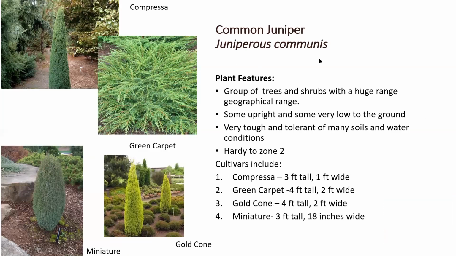So the common juniper can be upright or very low to the ground. Again, you have selections that are very conical and slender, with that height in the landscape. And then again, like the pine, the spruce, and the fir, we have the cultivars that will grow shorter and fit more nicely and compact within the landscape.